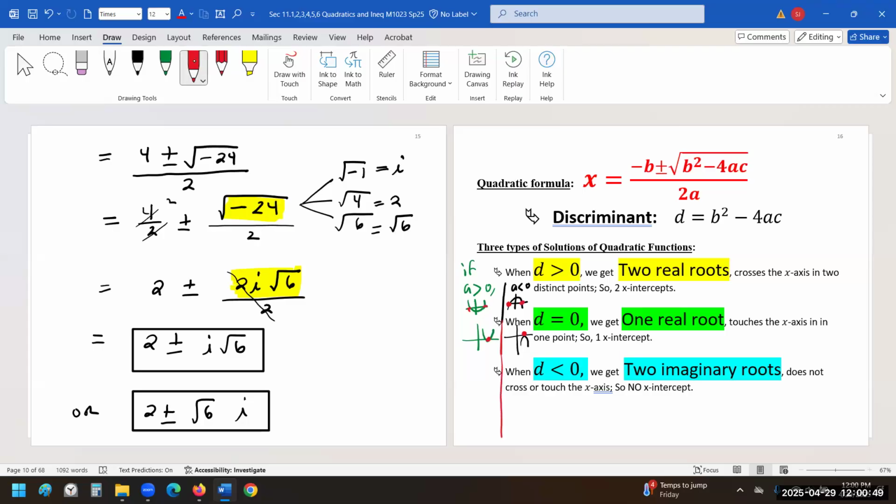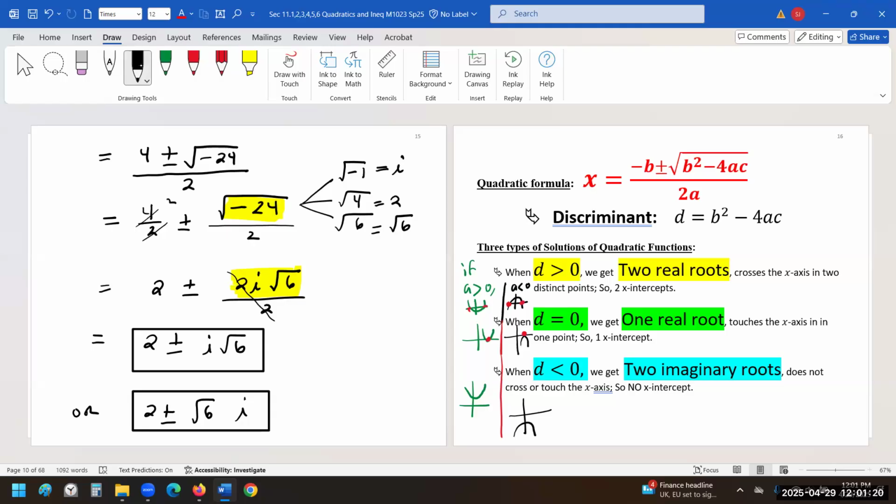It means either your graph is lying above the x-axis if your a is positive, or it's lying below the x-axis if your a is negative. You're not crossing the x-axis, so there is no x-intercept. Why? Because you have imaginary solutions, not real. So the discriminant tells us all this information.